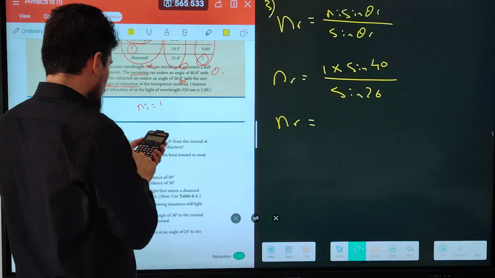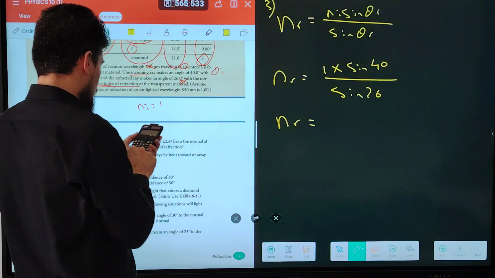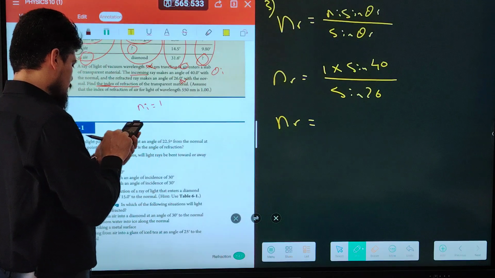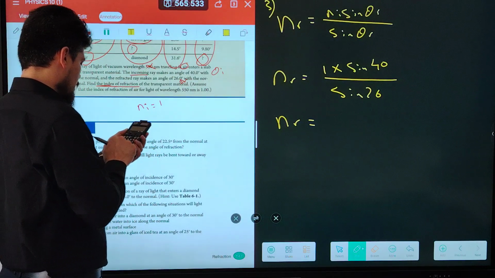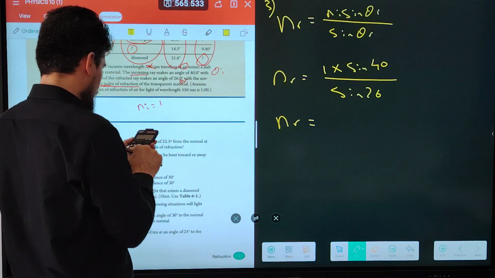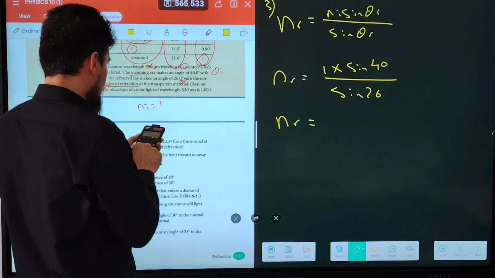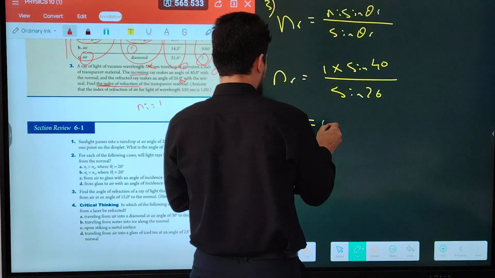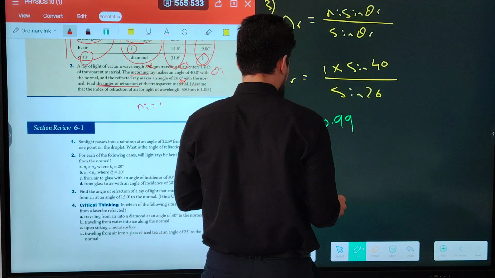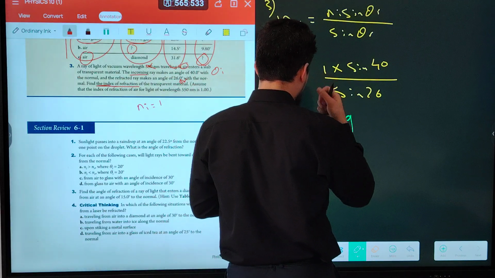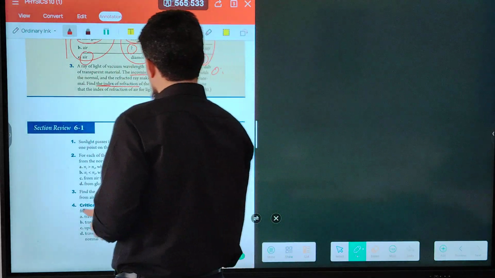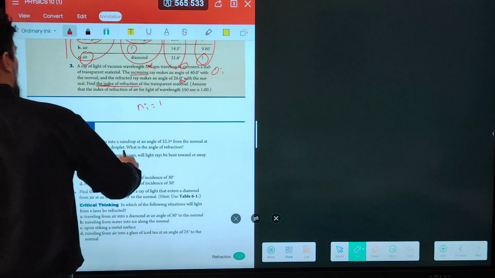Sine 40 divided by sine 26 is equal to 0.99. Okay.